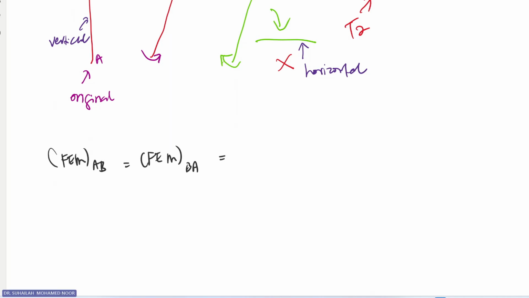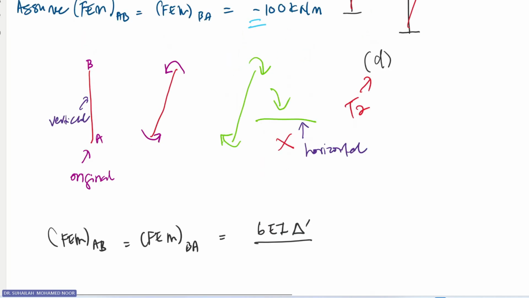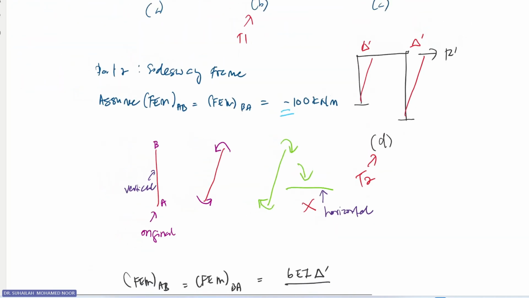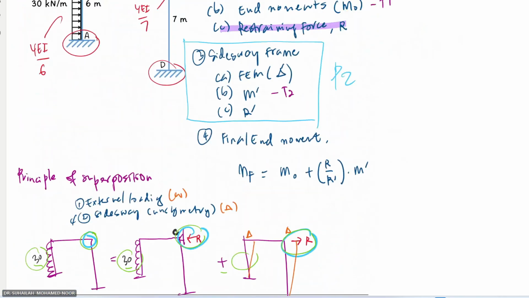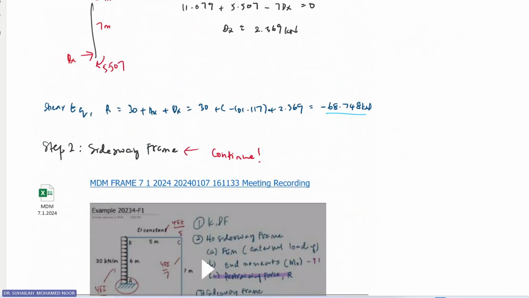This formula is 6EI delta, but this time we use delta prime, so we put 6EI delta prime over L squared. That's the formula. L is 6.